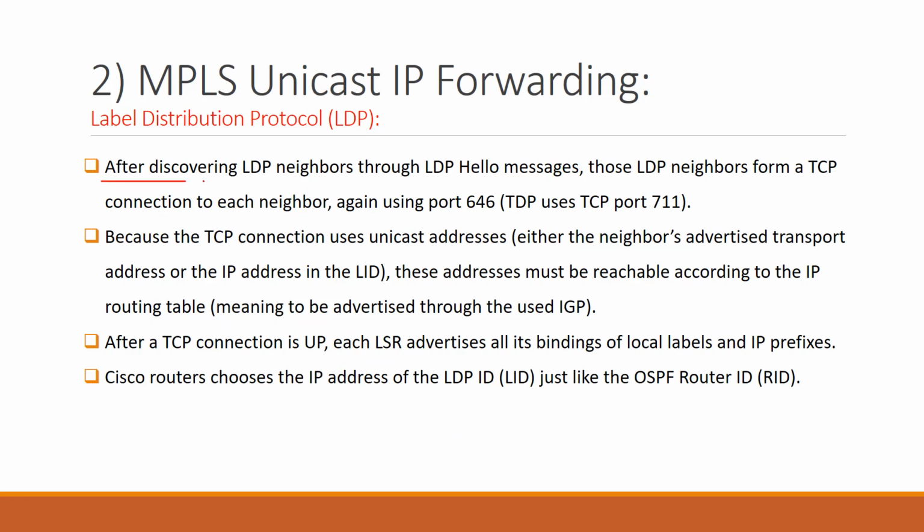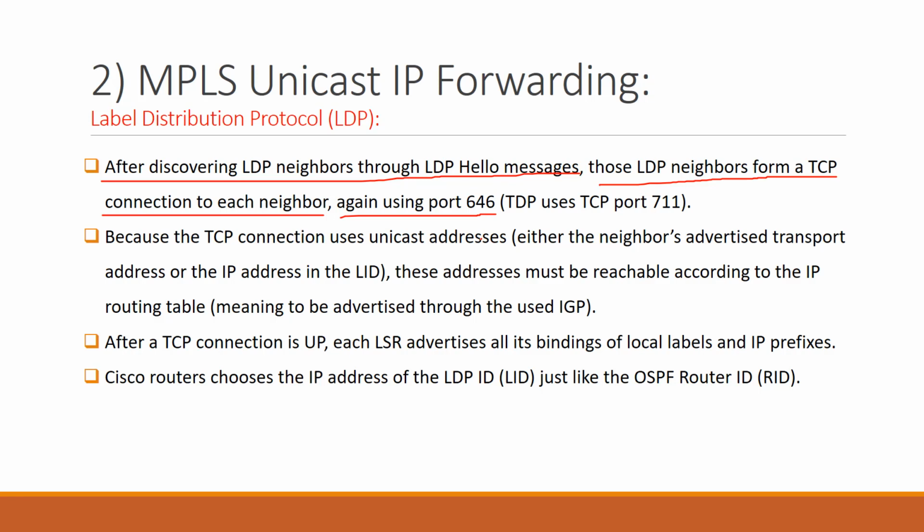So after discovering LDP neighbors through LDP hello messages, those LDP neighbors form a TCP connection to each neighbor, again using port 646 for LDP, and if it is TDP, tag distribution protocol, it uses TCP port 711 to start the communication between the two neighbors and send and receive updates.